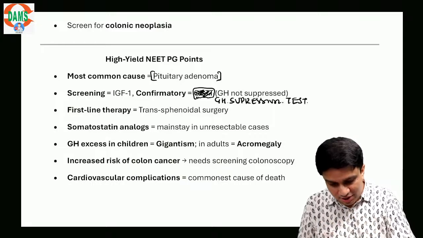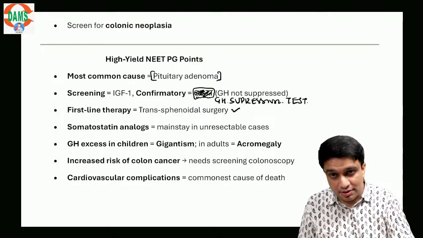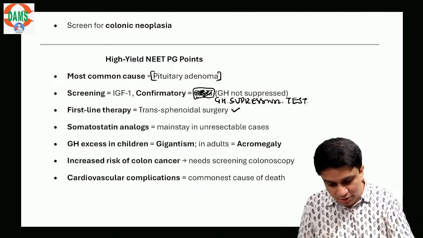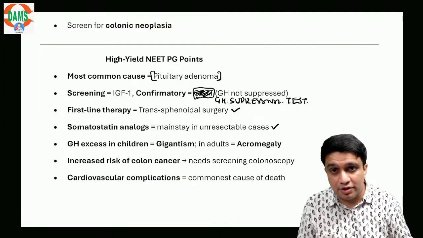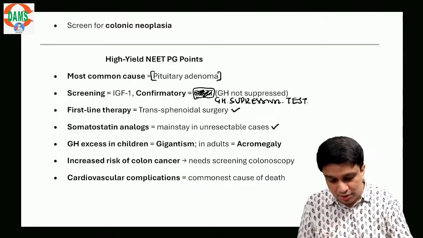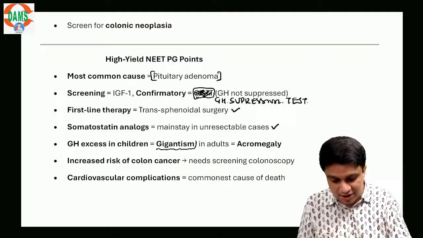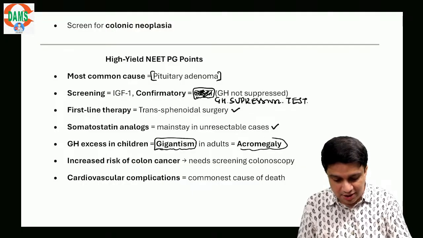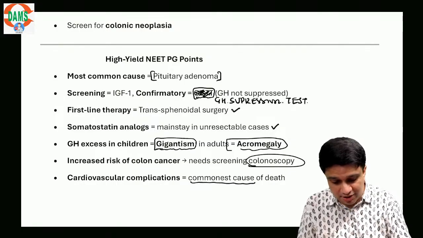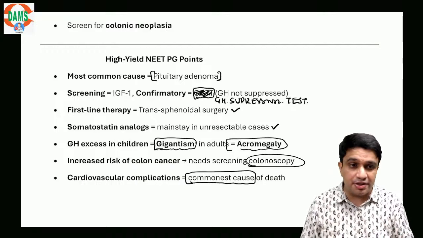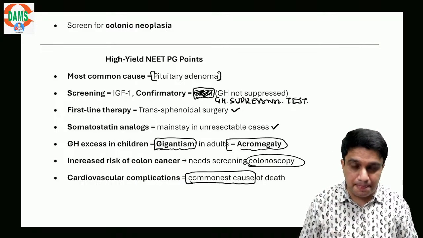Here the first line is surgical. Somatostatin analog is for unresectable cases or patients who have not reached remission. Excessive growth hormone in children is gigantism, in adults it is known as acromegaly. Please do regular colonoscopy to rule out colon cancer. And the commonest cause of death that we find in them is cardiovascular complications. Right.